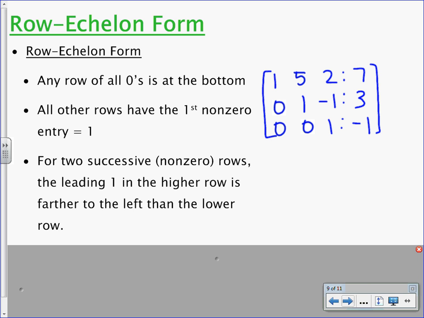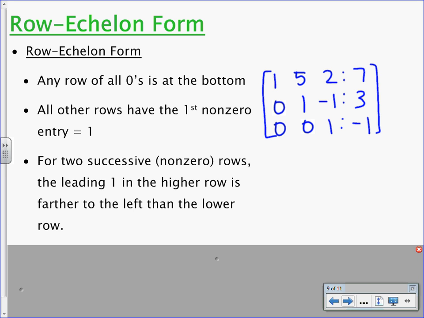And then the ones, okay, so the leading one in the higher row is further to the left than the lower row. So if there's 1 0 in front of the 1, that needs to go in my second row, right? And then this row has 2 zeros, so it needs to go under that. So all of these, the 1 is further to the left.